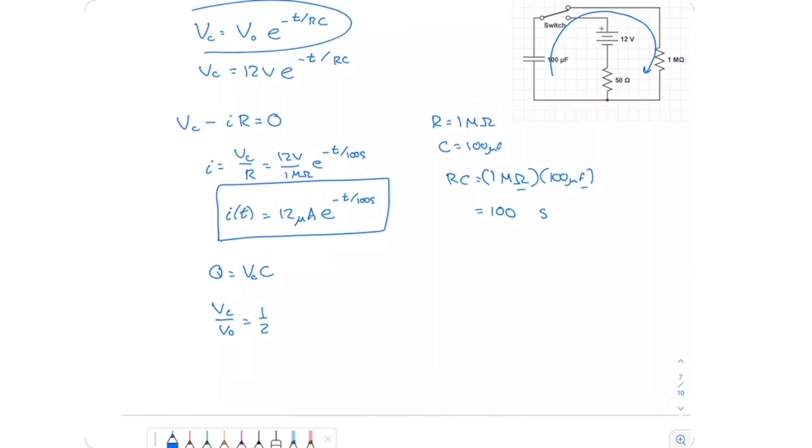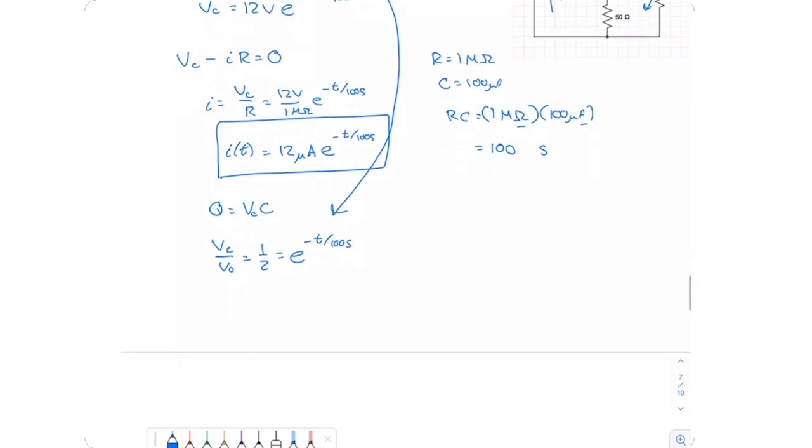Okay, so I want 1/2 to equal e to the minus t over 100 seconds. So the way I'm going to solve that is I'm going to take the natural log of both sides. And that's going to give me the natural log of 1/2 equals minus t over 100 seconds.